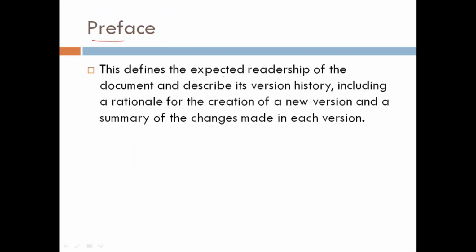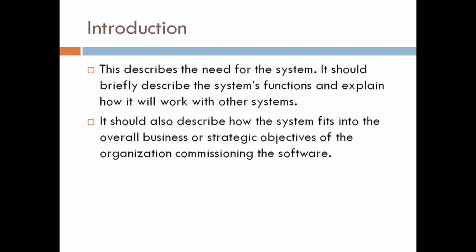Preface. This defines the expected readership of the document and describes its version history, including a rationale for the creation of a new version and a summary of the changes made in each version. So this is the first chapter. Introduction. What the system functions are and how it will work with other systems are going to be covered under this heading.